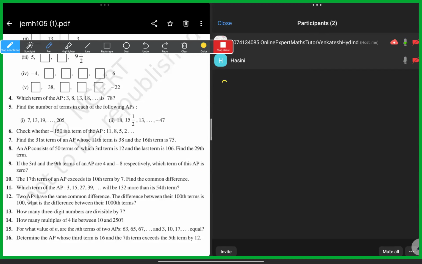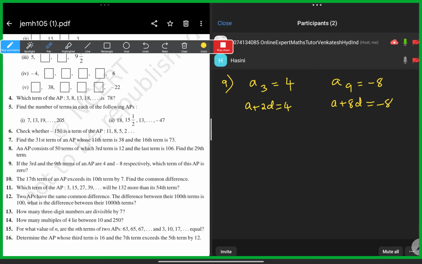A3 is equal to 4. A9 is equal to minus 8. A3 means A plus 2D, no? Yes, sir. A9 means A plus 8D, no? Yes, sir.